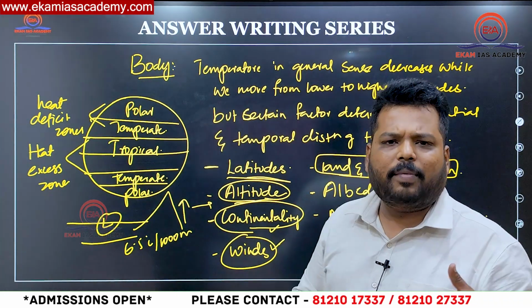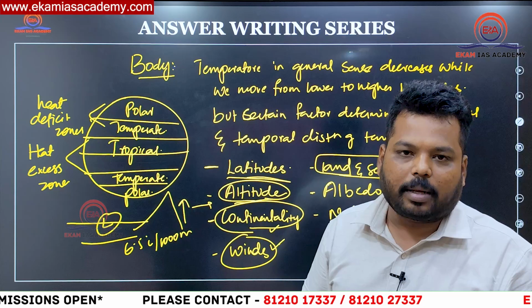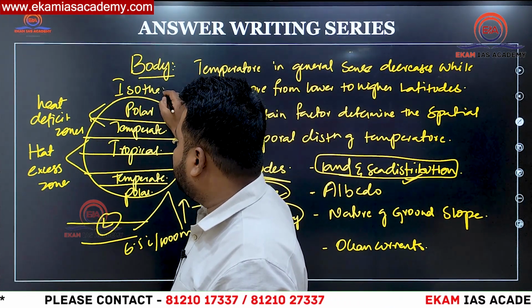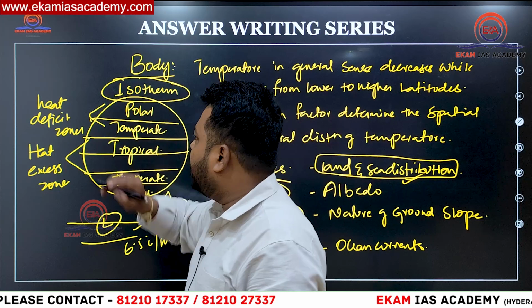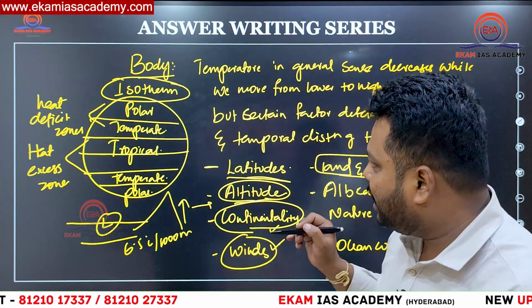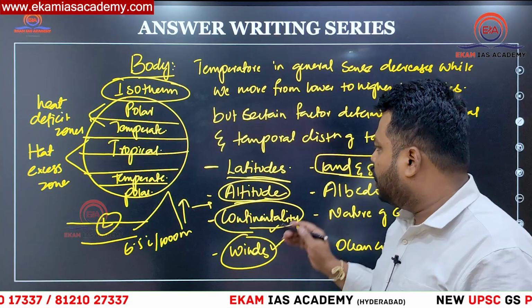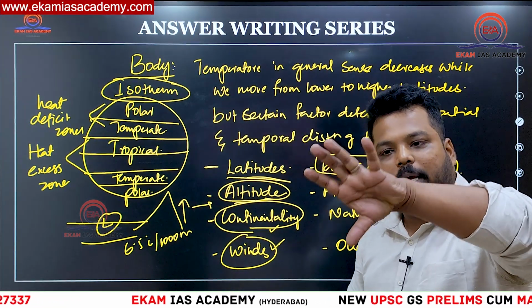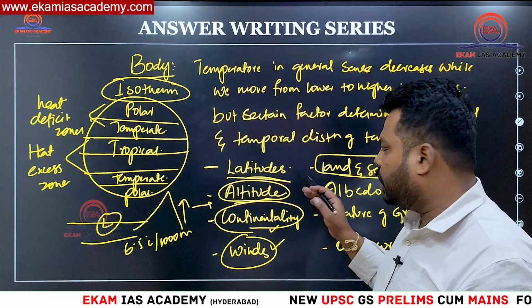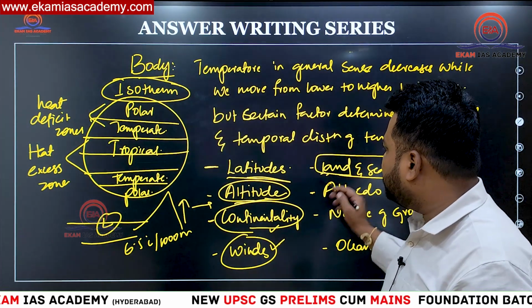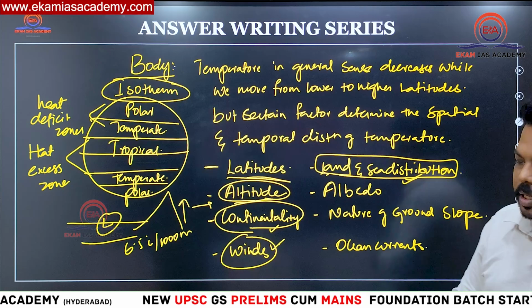So generally we understand the temperature by observing isotherms. Isotherms are nothing but imaginary horizontal lines on the surface which connect the equal temperature zones. तो isotherms पढ़ते पढ़ते जहां से water से land या land से water enter होंगे, there shall be some steep rise and steep decrease in temperatures. That happens because of the land sea differentiation.